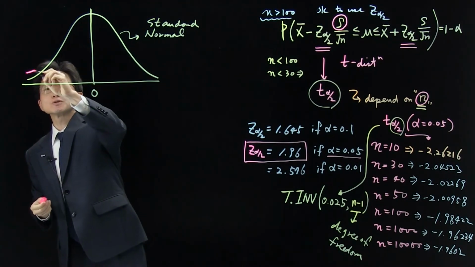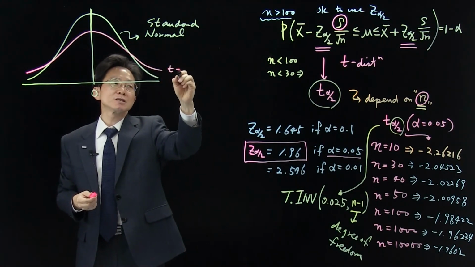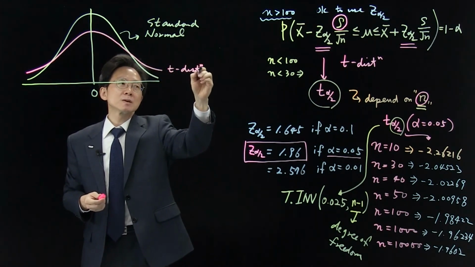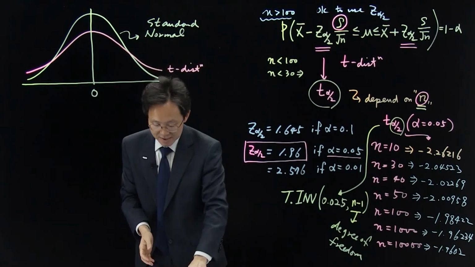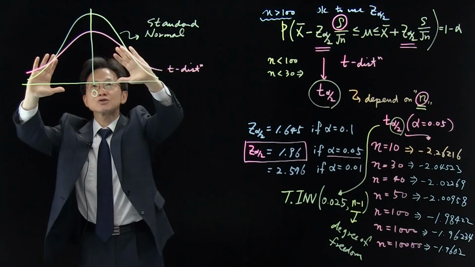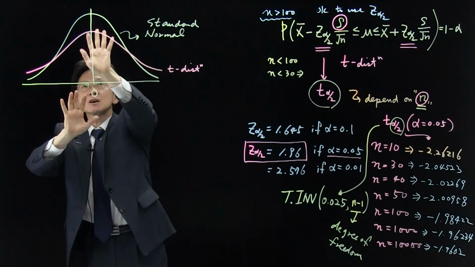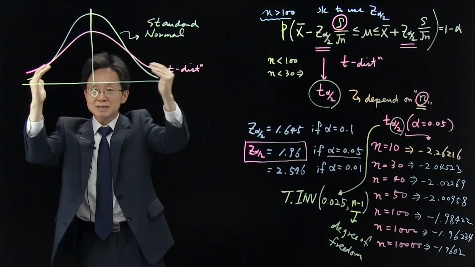So the t distribution will look like this. But as n becomes larger, the t distribution squeezes, and it will very much look like a standard normal distribution as n increases.